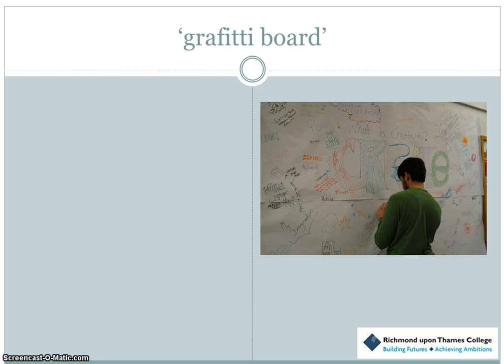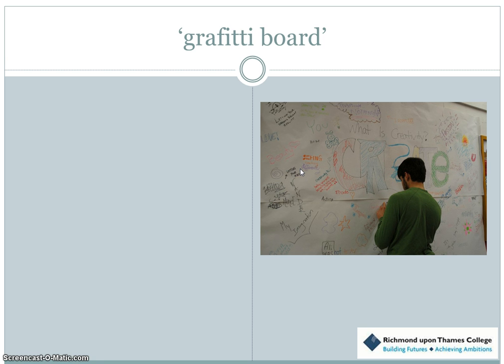The second active learning strategy is that of the graffiti board. The graffiti board consists of a series of A3 sheets stuck together, or equally valuable is a whiteboard.